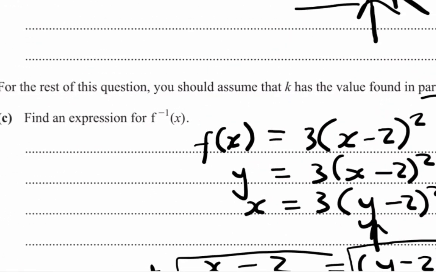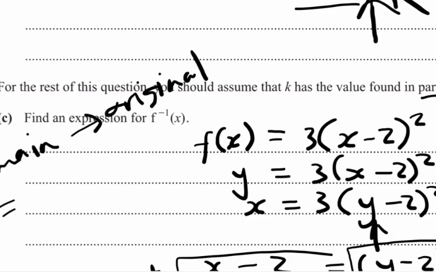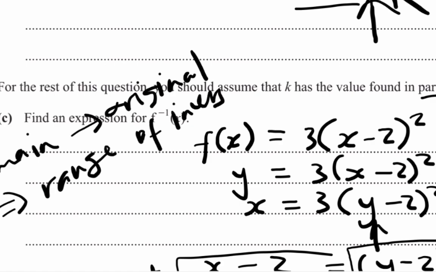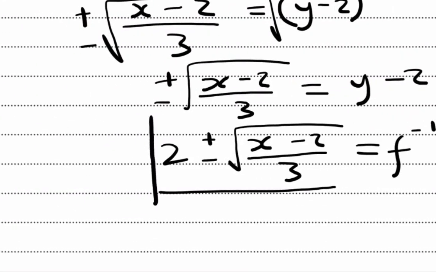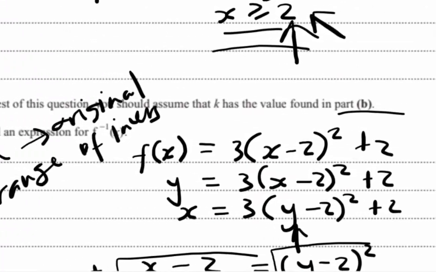We know that the domain of the original is equal to the range of the inverse. So this domain should be equal to the range, and the range is this part of the inverse. So that's why I'm saying this should be greater than or equal to 2.